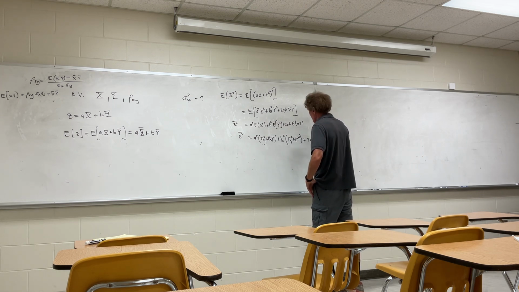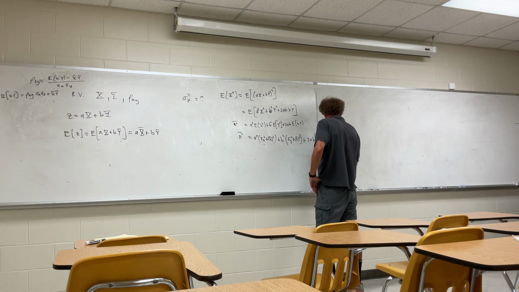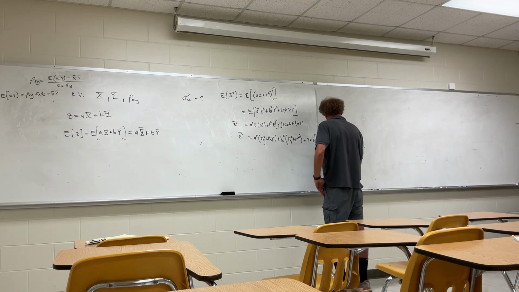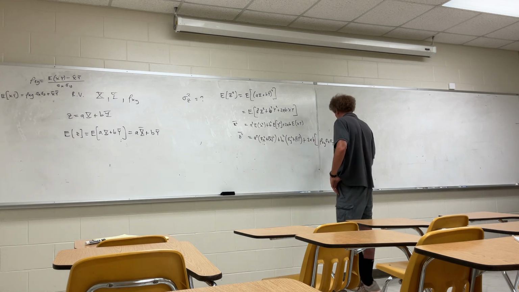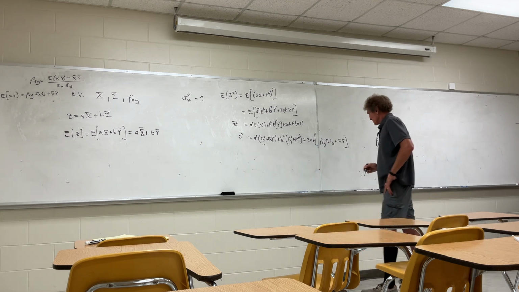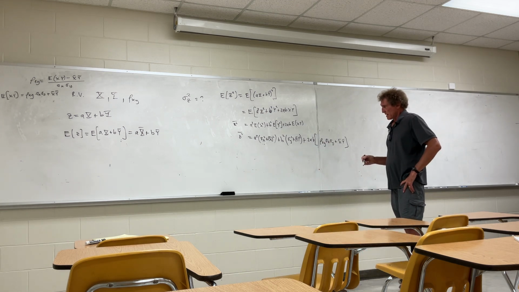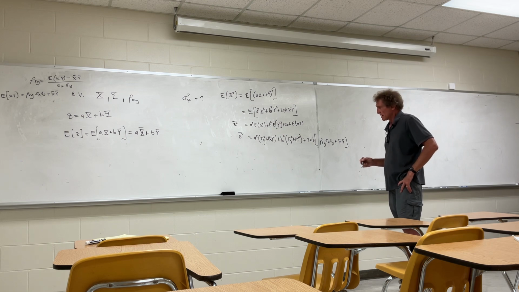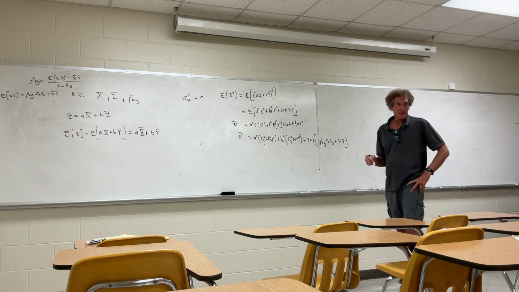It's going to be rho of xy times sigma x sigma y, and here plus x bar y bar. That's a whole lot of information. Are you with me? I'm just putting it down here.